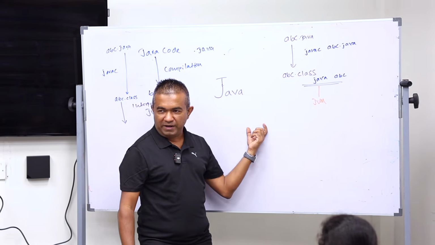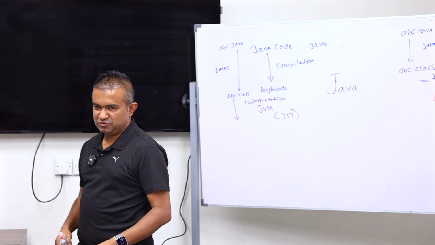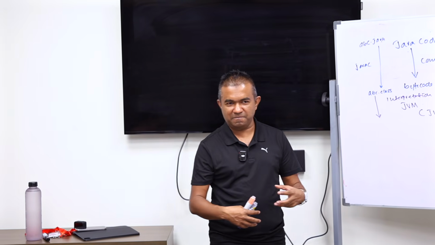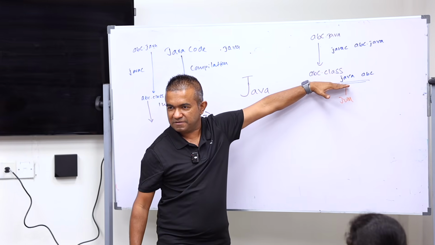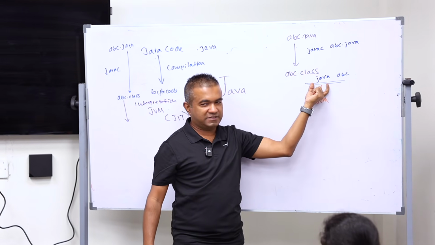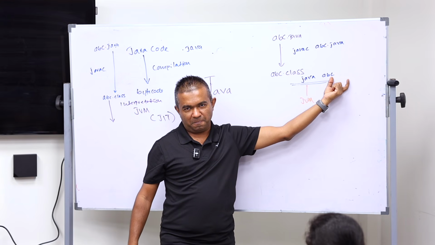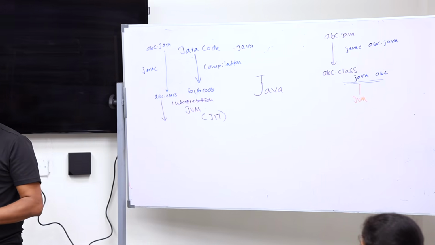If you give notepad and a file name, it loads that file for you. That means you pass an argument to the exe file application. Likewise with java, you pass the argument, which is the class file. Now it starts to load the class file by creating the JVM.